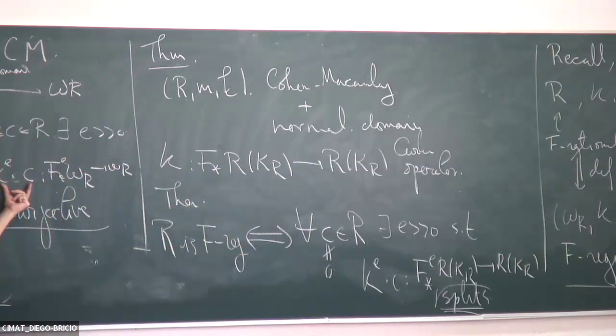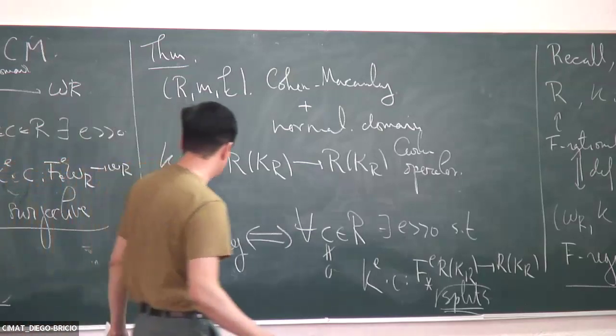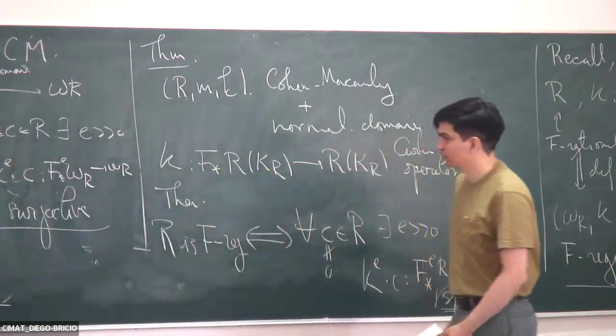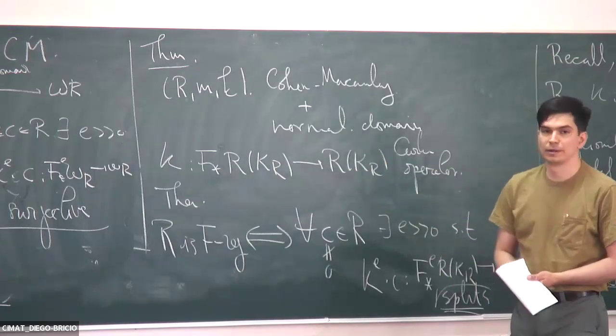Whereas F-rationality is just about it surjecting. But yeah, that's a huge difference in practice, right? Homological algebra, you see, it's definitely a big deal. And so that's it. That's what I want to say. I think this is the best way to think about it.